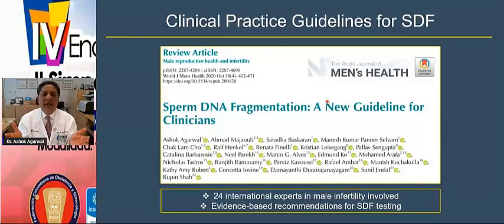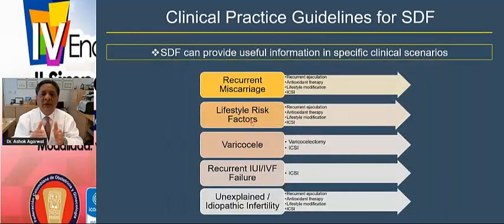So we conducted a study and published this recently to document clinical guidelines for clinicians on when and how to use sperm DNA fragmentation testing. We had 24 international experts in male infertility involved in this consensus document, which was published in a very high impact journal. It's an evidence-based recommendation for the testing of sperm DNA fragmentation. What are the guidelines?